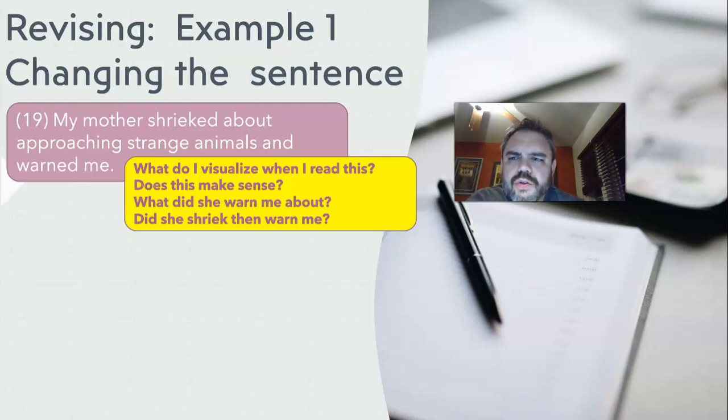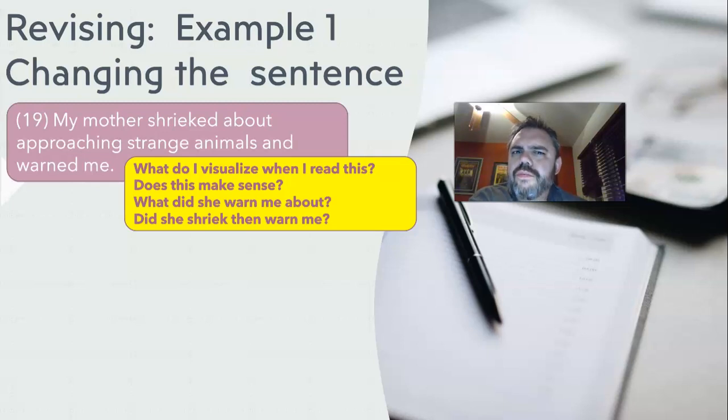The sentence ends with she warned me. What did she warn me about? Did she warn me about strange animals? Well, no. According to the sentence, she shrieked about strange animals. But if she shrieked about strange animals, then that doesn't make sense because people don't shriek about things. Shrieking is just that sound, like, ah. They don't shriek and talk at the same time.